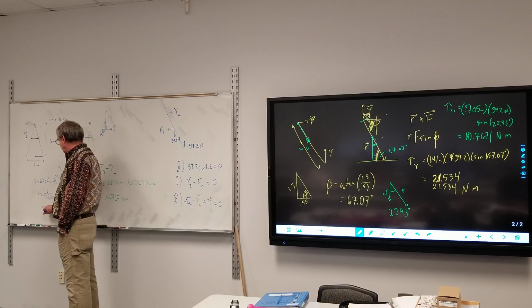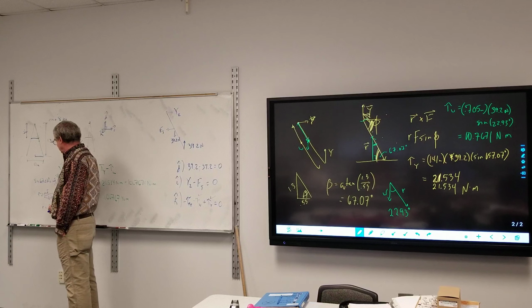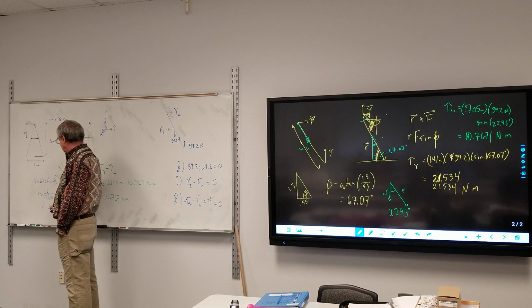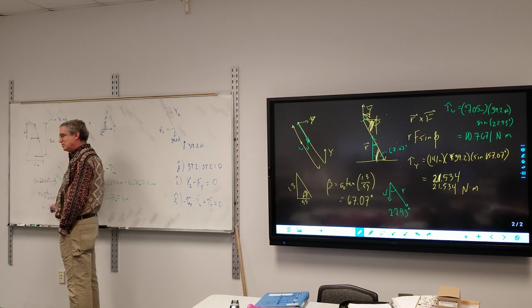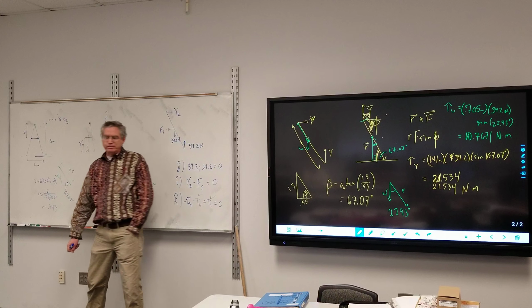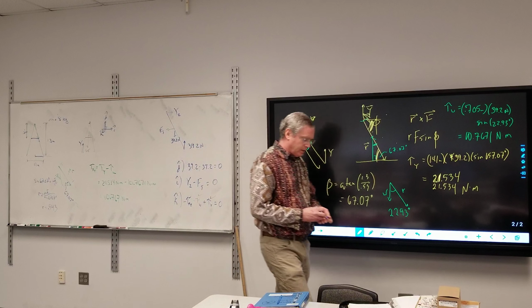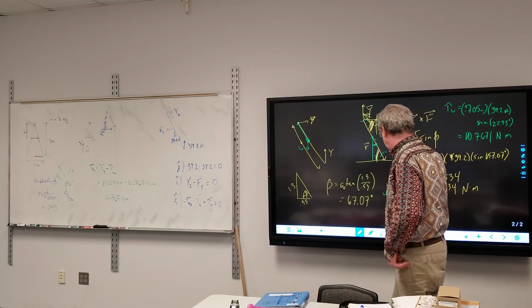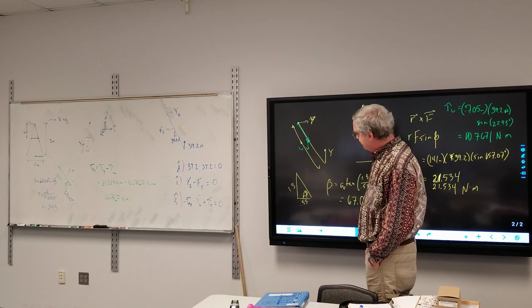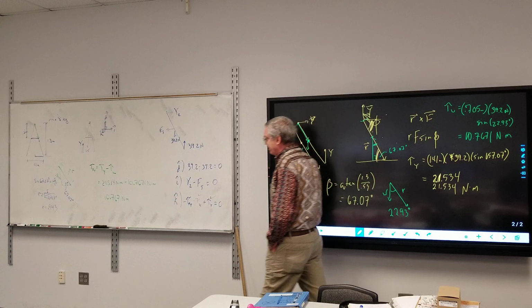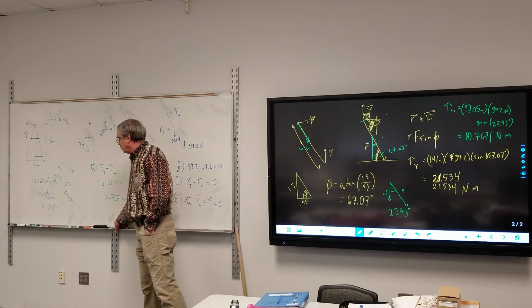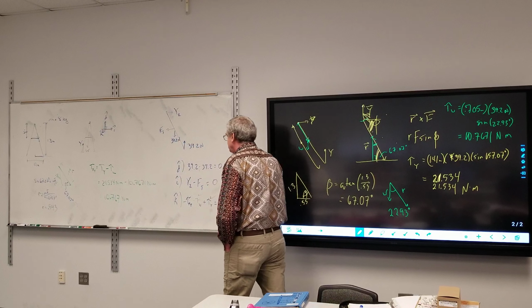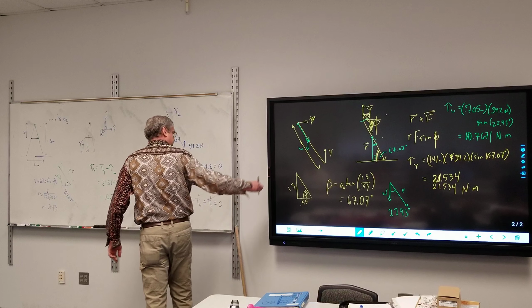And 0.5 divided by sine, let's see, we get 0.543. All right, and so now we have the 0.543. We have the unknown F and the sine of 67.07.